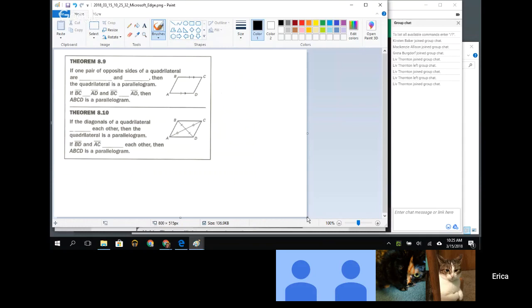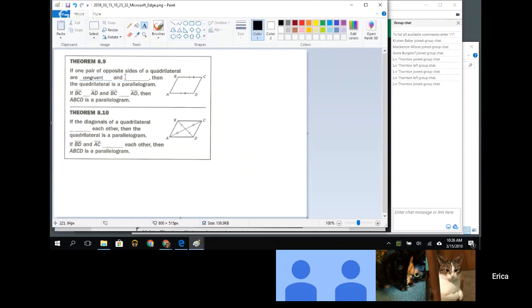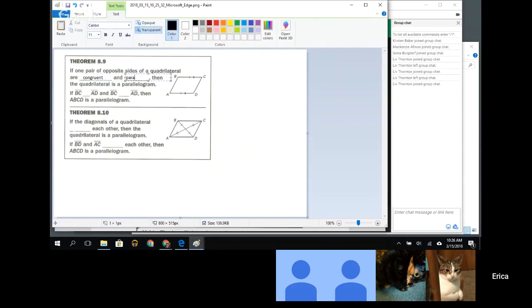Theorem 8.9 says, if one pair of opposite sides of a quadrilateral are congruent and parallel, then the quadrilateral is a parallelogram.